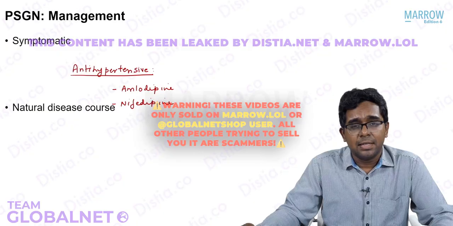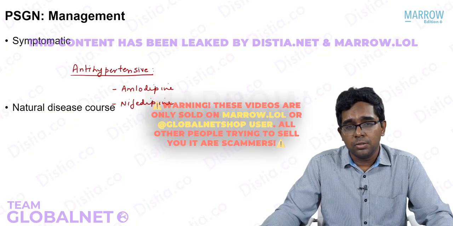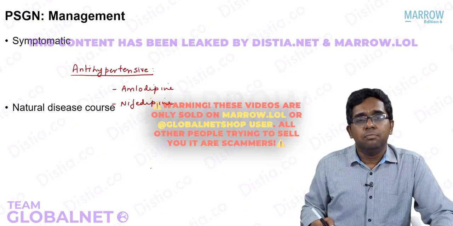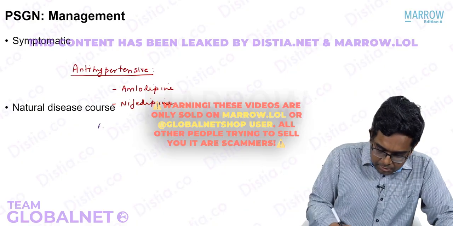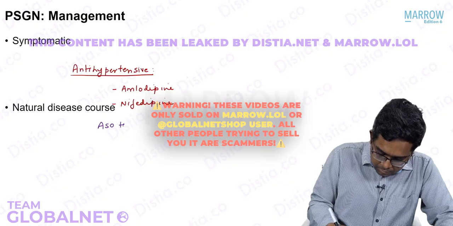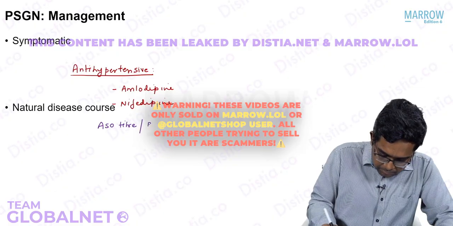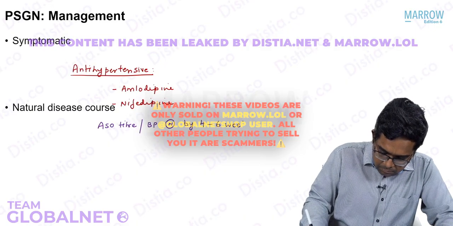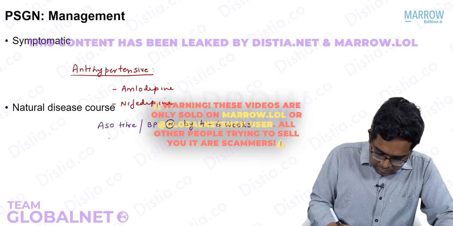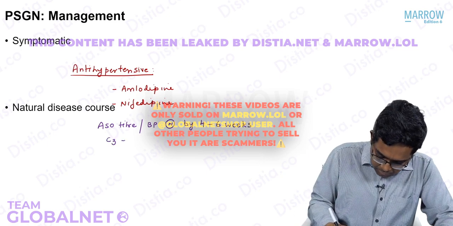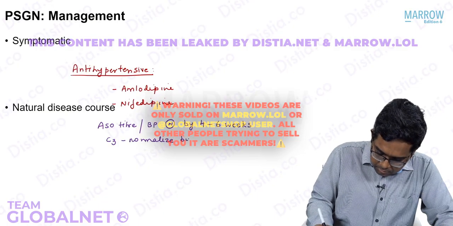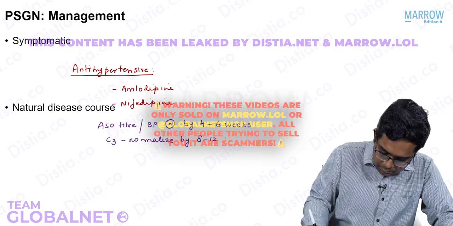Now, as I said, the natural disease course is resolution within few days to few weeks. Okay, and some general guidelines are ASO titer and BP, blood pressure, will normalize by 4 to 6 weeks, and C3 levels normalize by 8 to 12 weeks.